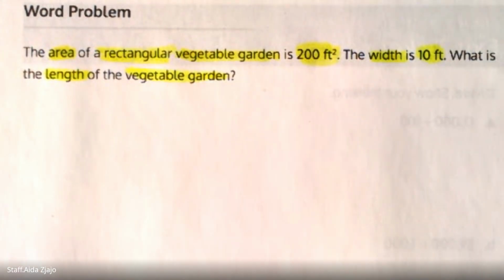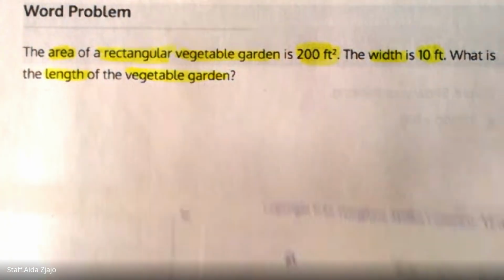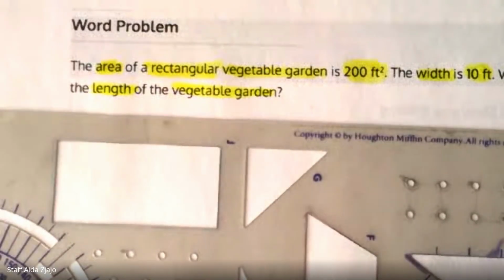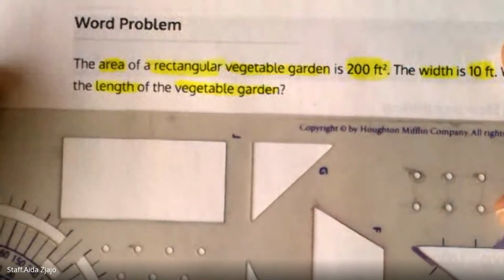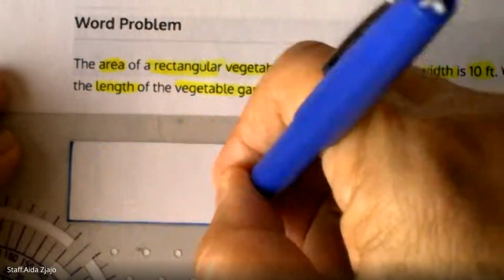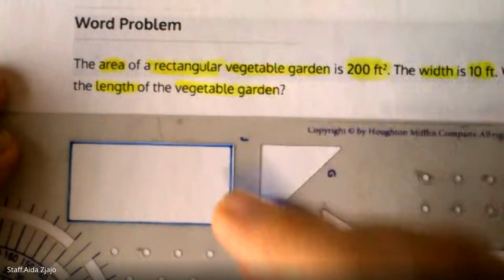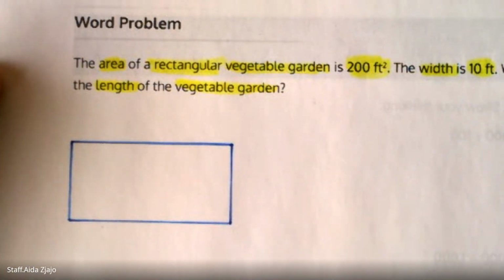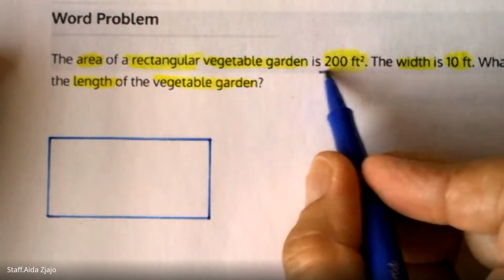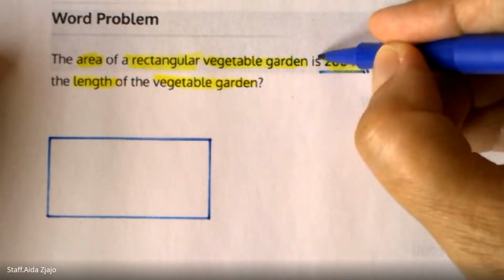So I'm going to use my tools to make a garden. So if this is the garden, okay, then I can label what I know. They tell me that the area is already known.